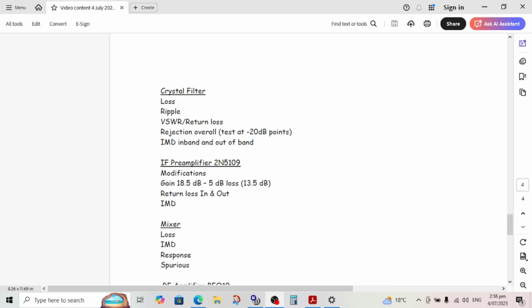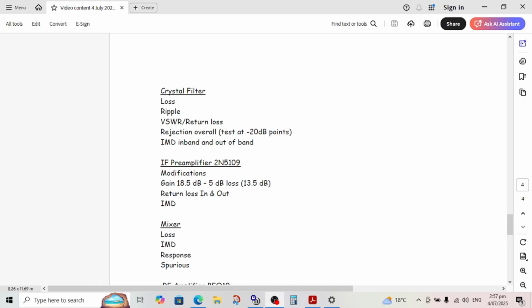An outline of the tests I will be performing. The first item I will test is the crystal filter. This will be tested for loss, ripple, and matching as return loss. I will also measure the -20 dB points, as if I intend using it as a transmit modulator, these are the frequencies at which I will insert carrier.